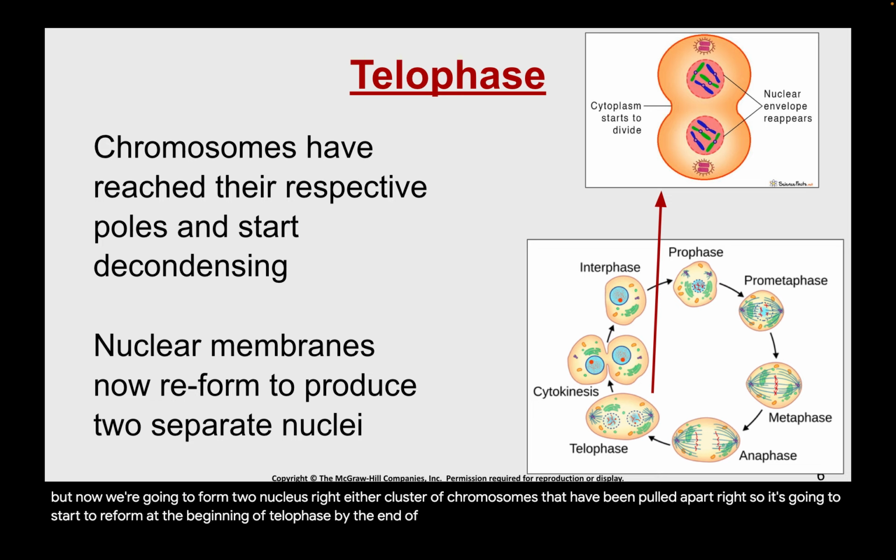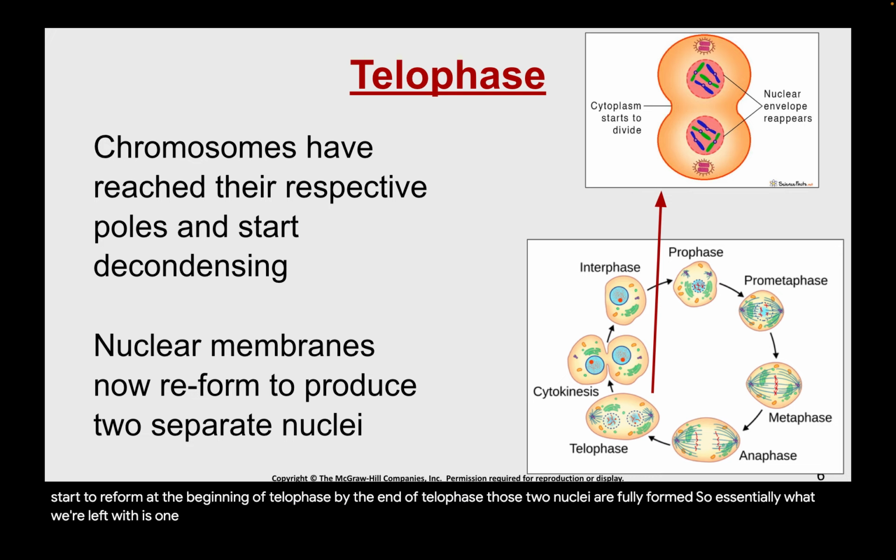By the end of telophase, those two nuclei are fully formed. So essentially what we're left with is one giant cell with two nuclei, where that genetic information is evenly divided between those two nuclei.